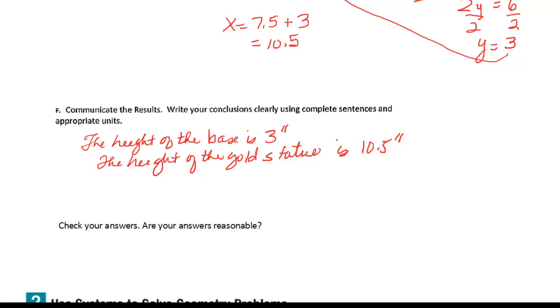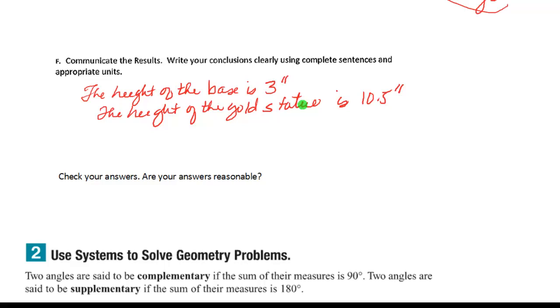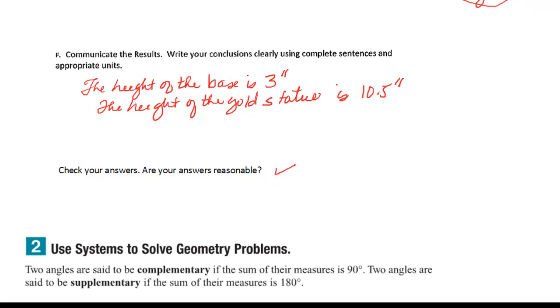And are these reasonable answers? Yes, they are, because they add up to 13.5. You can see that 3 plus 10.5 is 13.5 inches, which was the total value of the Oscar. And this gold statue is 7.5 inches more than the base. So yes, they are. We've checked it by words, but you could substitute in to get the numbers.